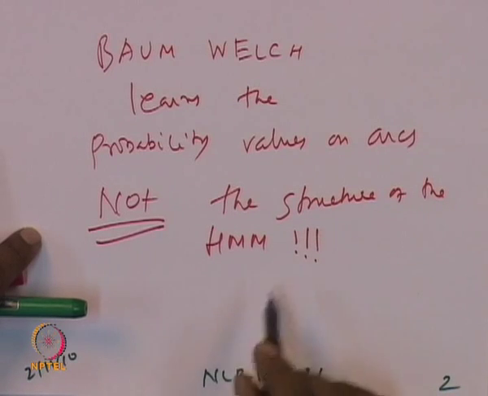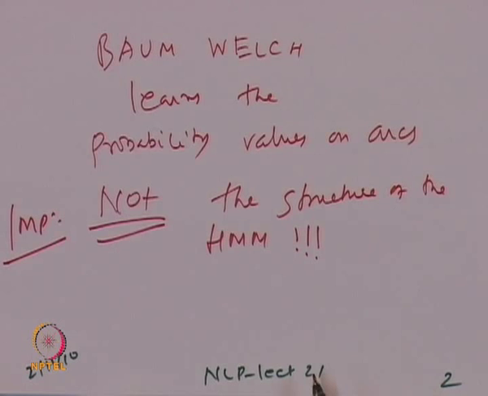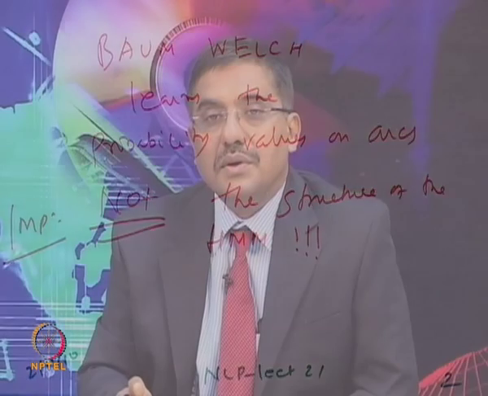This is important to remember. So, we never learn the structure of the machine. We learn the probability values on the arcs. So, this is an important point in the whole of machine learning.